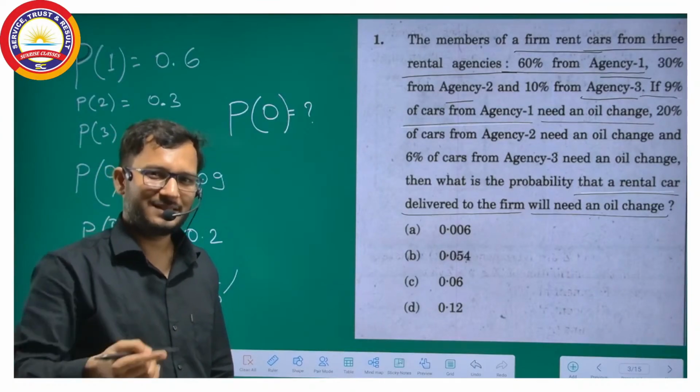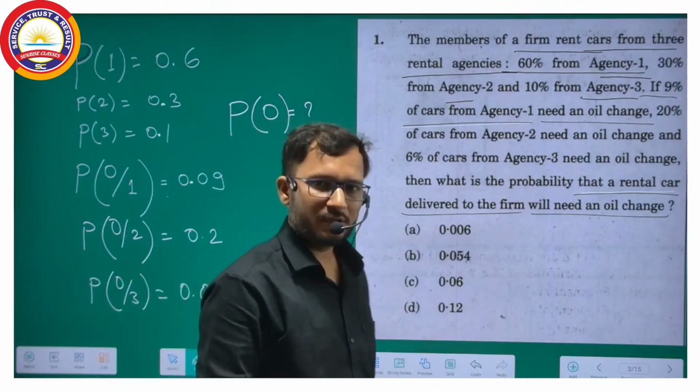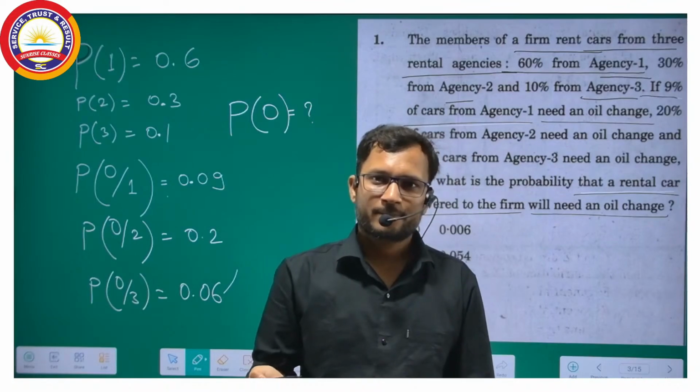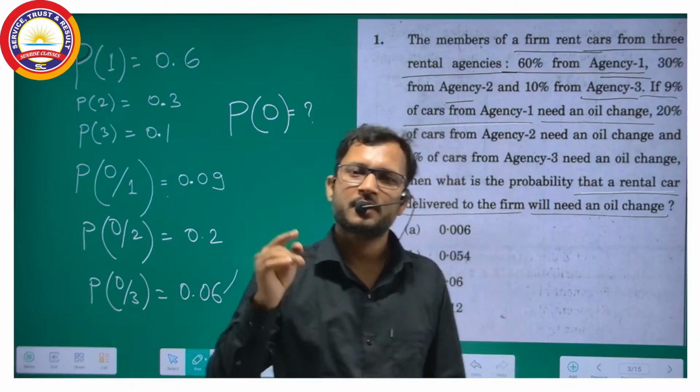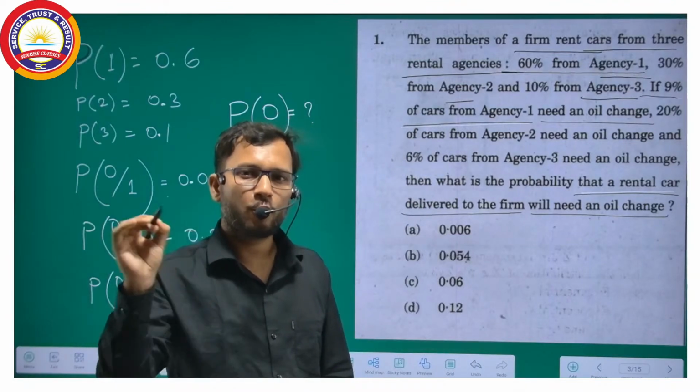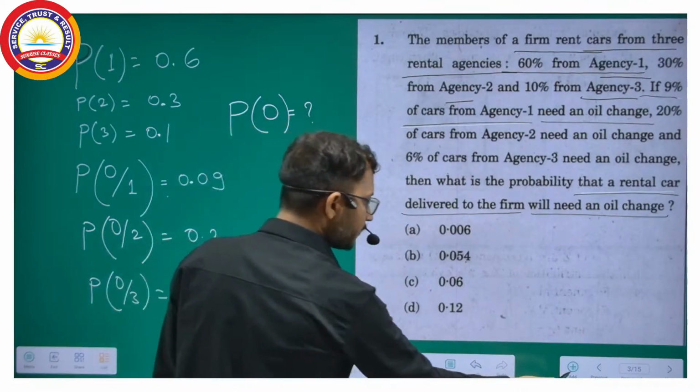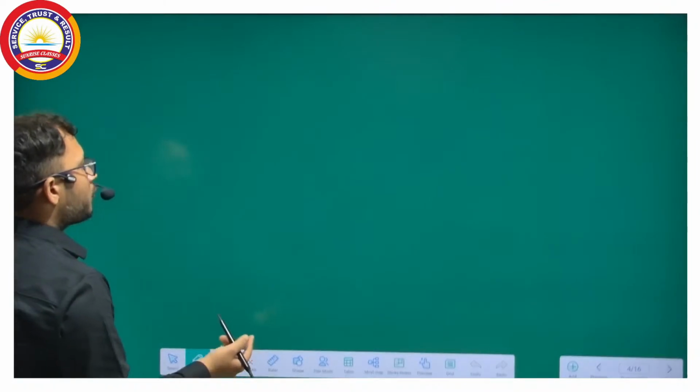Now you may have seen this question. This is from basic probability, the theorem of total probability. So let me do it. How to do it?